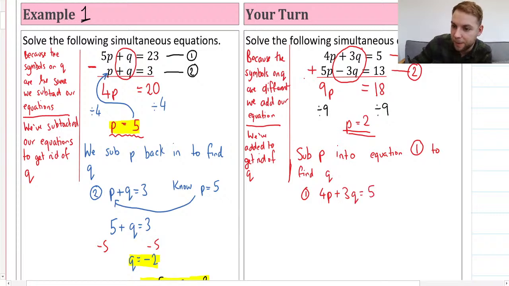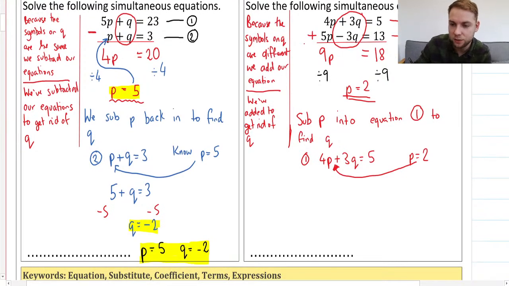And I know that p is equal to 2. So I'm putting this into here. Now this is what makes it a little bit trickier, okay? Because it's 4p, when I do this, it needs to be 4 times p, which I know is 2, plus 3q is equal to 5.